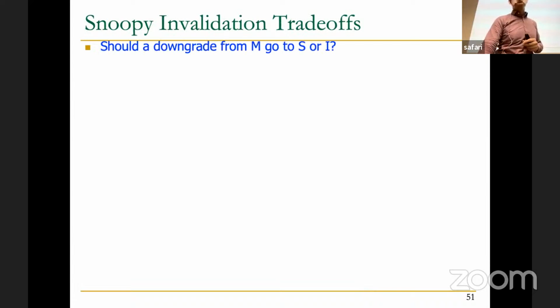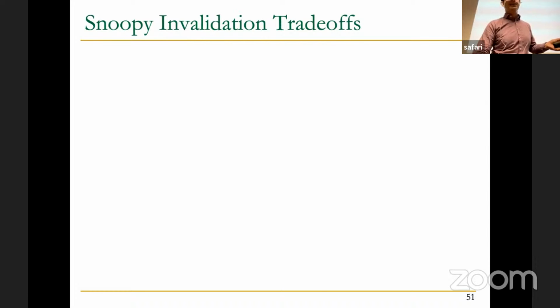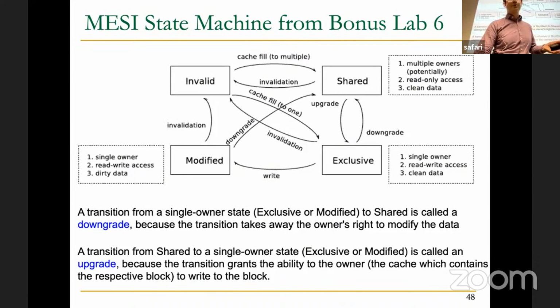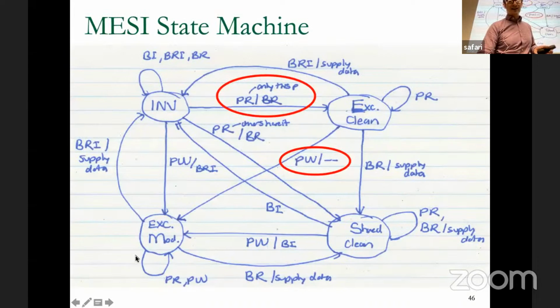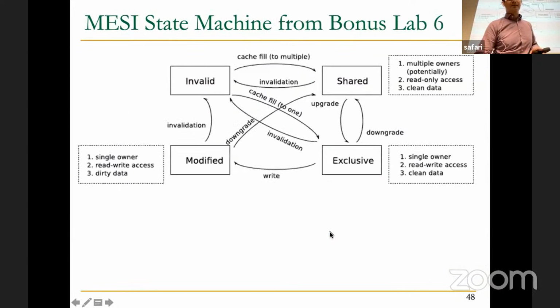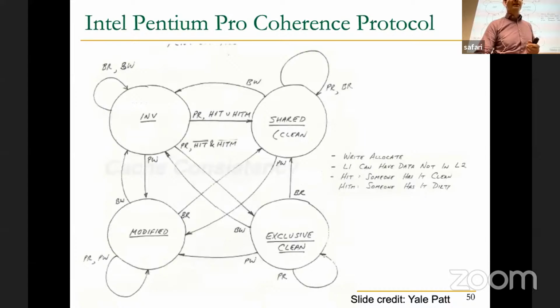Now let's talk about some trade-offs in this protocol. If you go back to this, should a downgrade from modified go to shared or invalid? I kind of assumed something over here. Basically, downgrade from modified: do you go to invalid, or is there a potential to go to shared when someone else is writing to it?